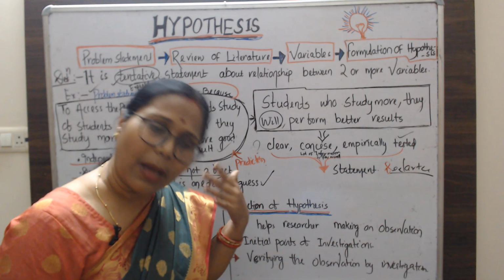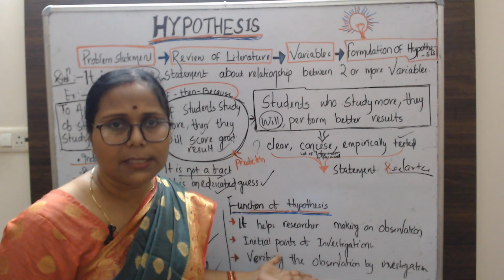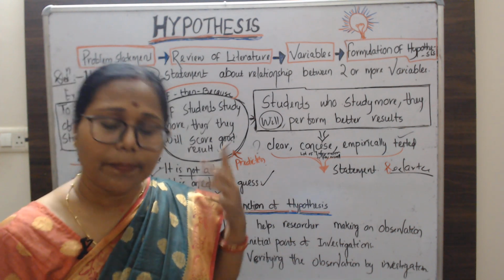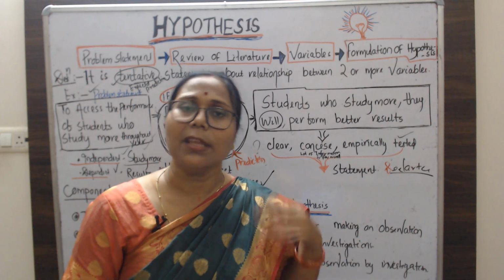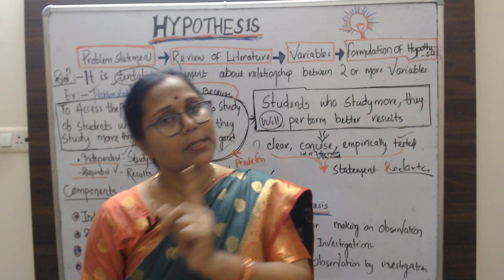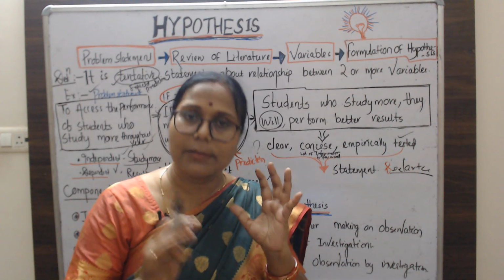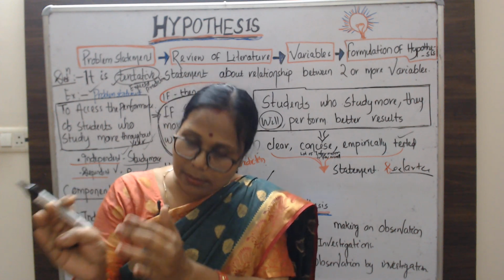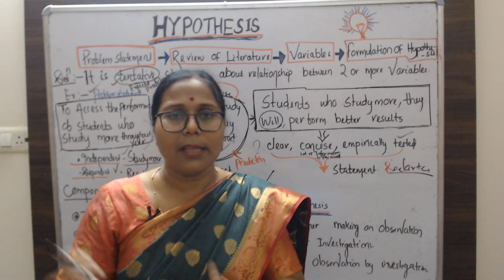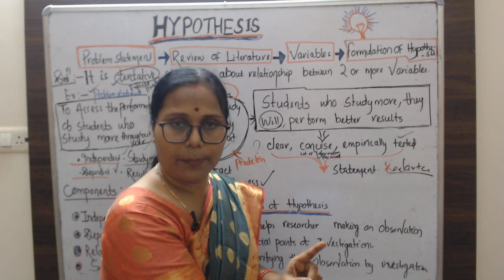Don't be biased by what the researcher is predicting. You must go for the investigation and experiment. After that, if the prediction exists, then you call it a tested hypothesis.